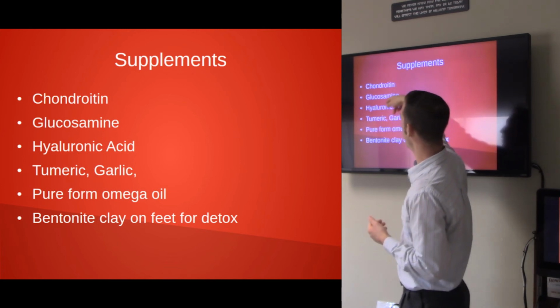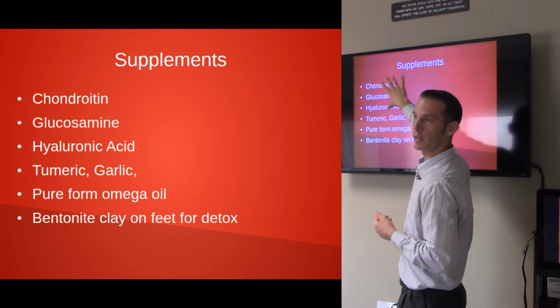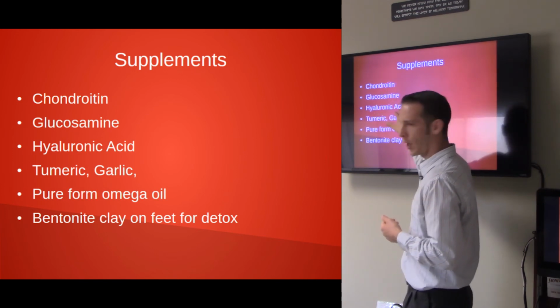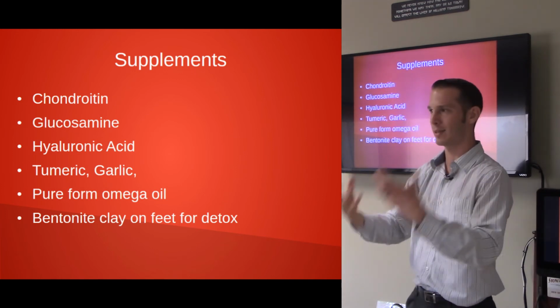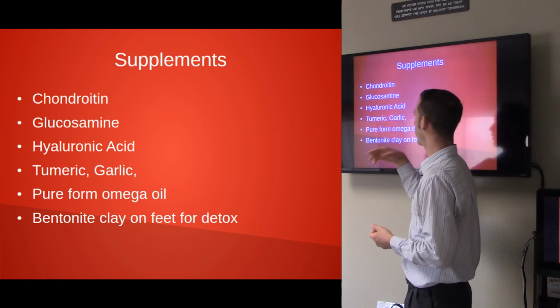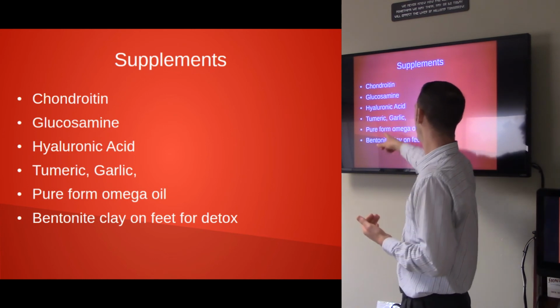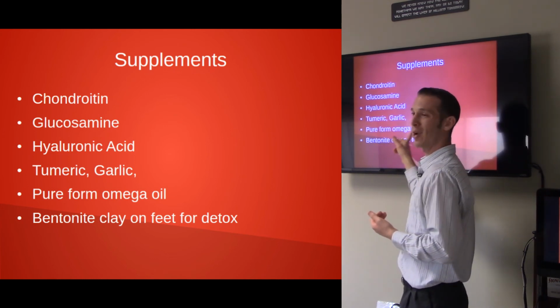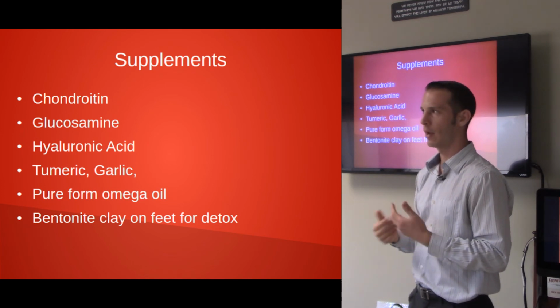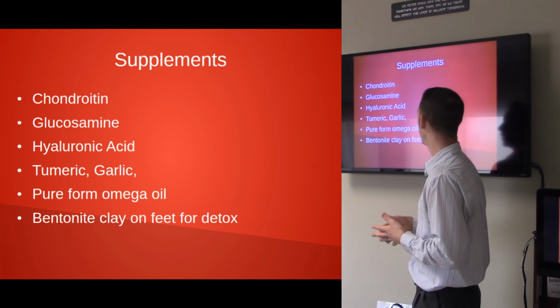These three particularly help rebuild cartilage or joints, right? Chondroitin, glucosamine, and hyaluronic acid are good joint supports. Turmeric and garlic are fantastic for anti-inflammation, as well as a pure form omega oil, which is a vegan type of oil. So it's a good omega oil.